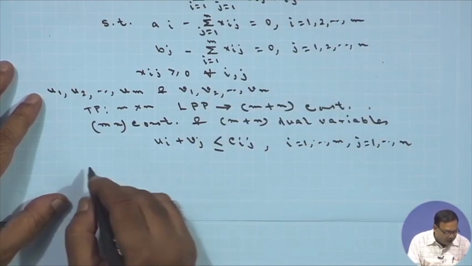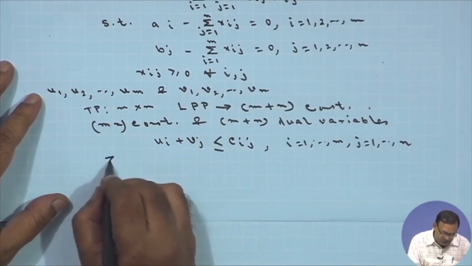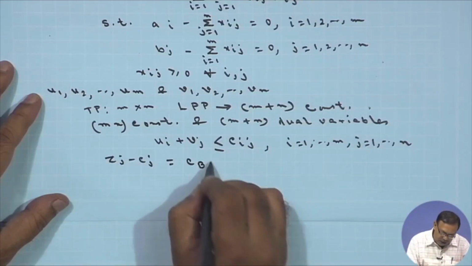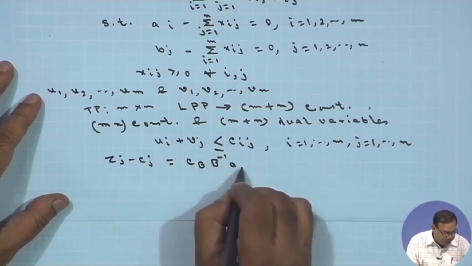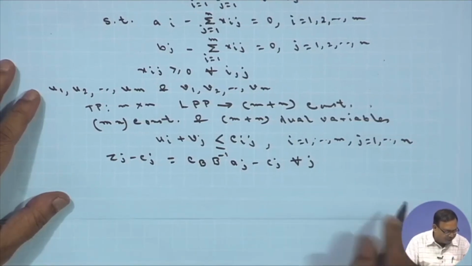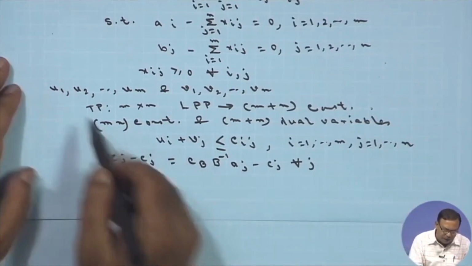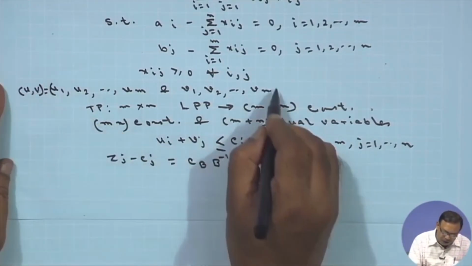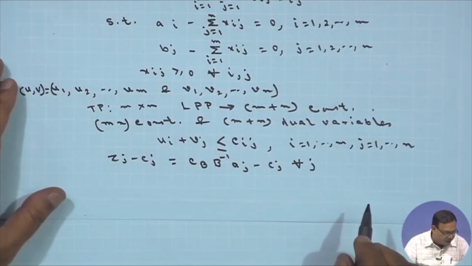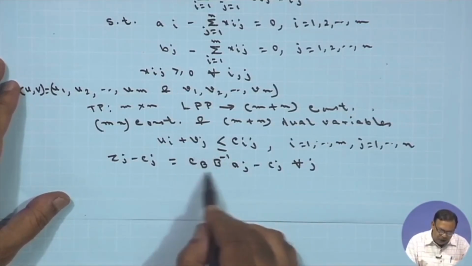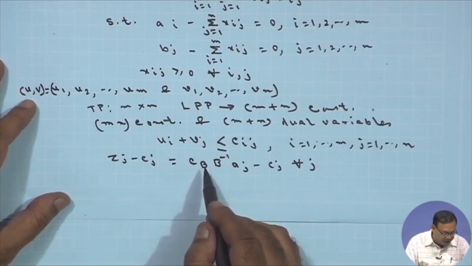So, your z_j minus c_j, I can write as c_B B inverse a_j minus c_j for all j. For any transportation problem, the u and v are as written, so this portion c_B B inverse can be replaced by this.